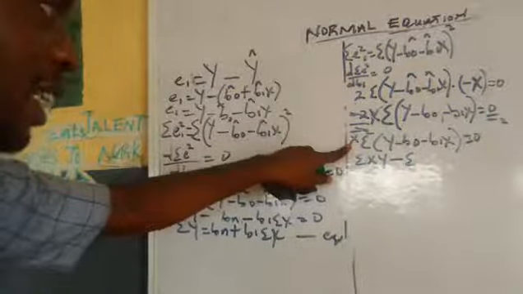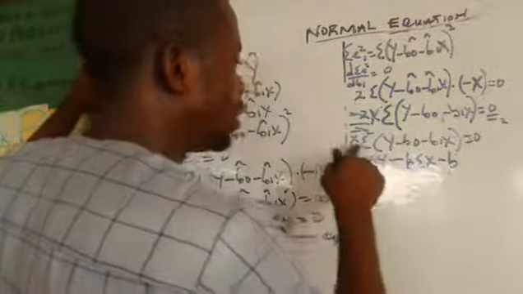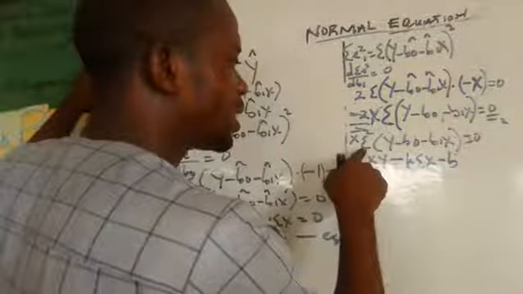Then the same thing here, plus times minus, of course, minus, then this will give us b1, and summation x times summation x will give us summation x squared. Please, do you understand it? Make it equal 0.